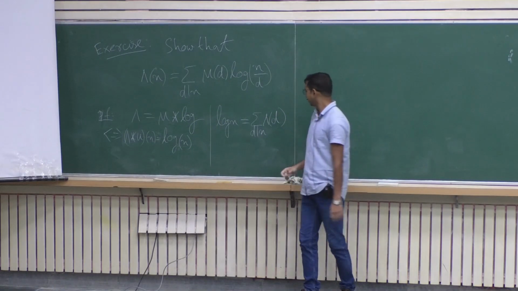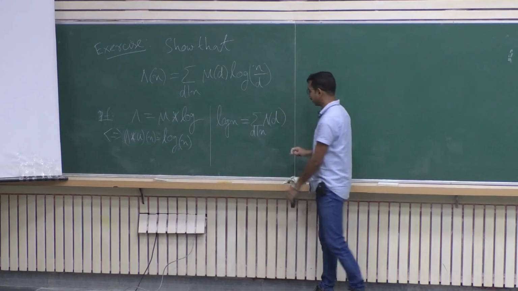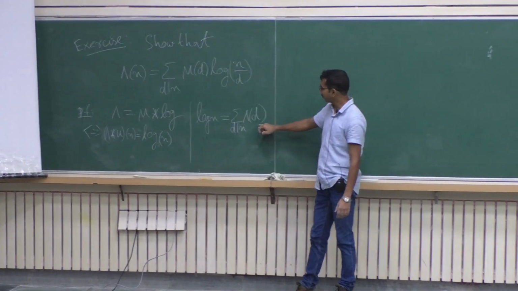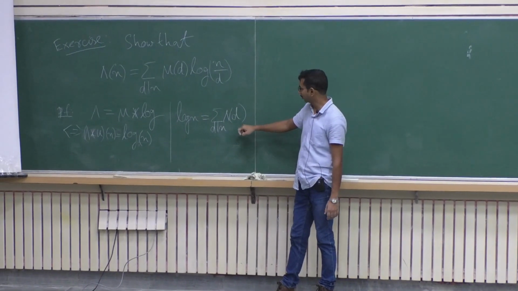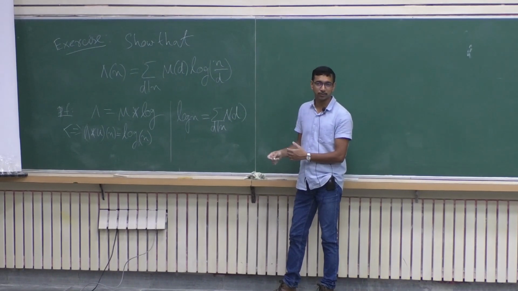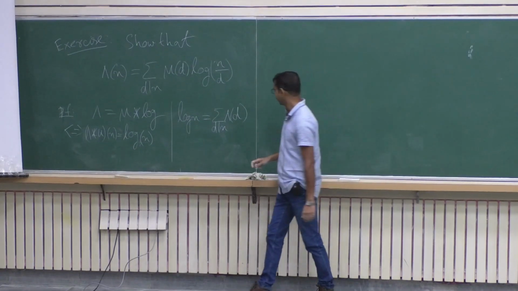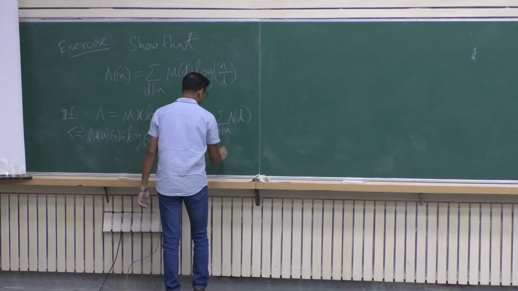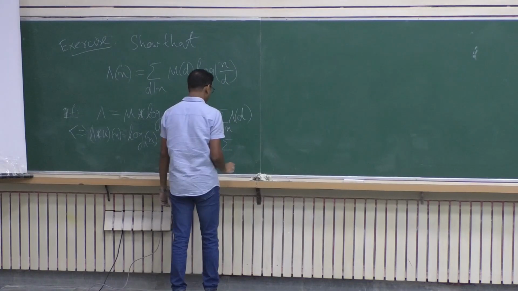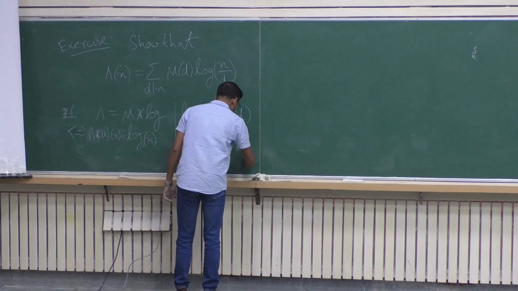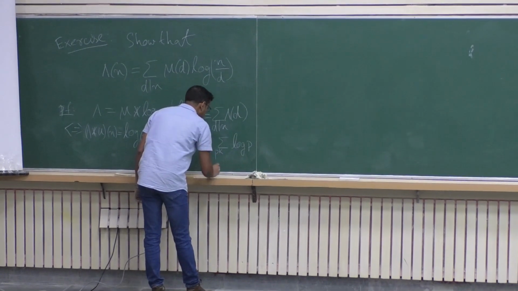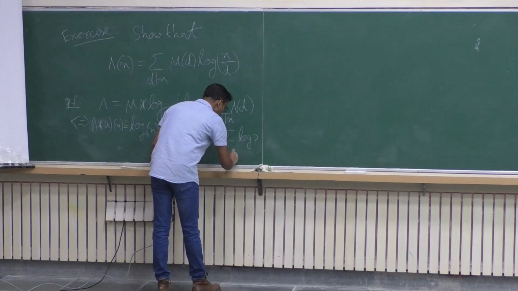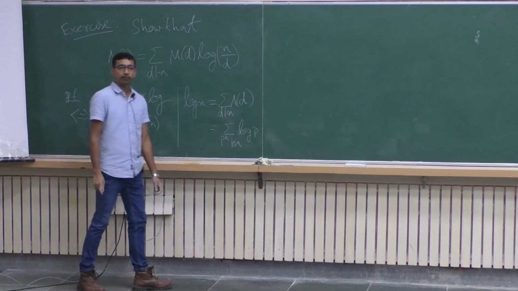Now, what does it mean? You are summing over the prime powers which are dividing n. So that means summation of log p such that p^k is dividing n.